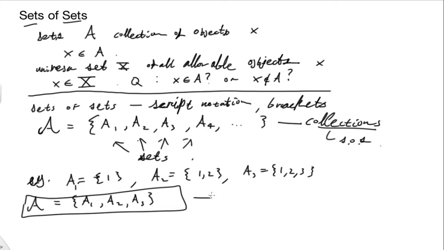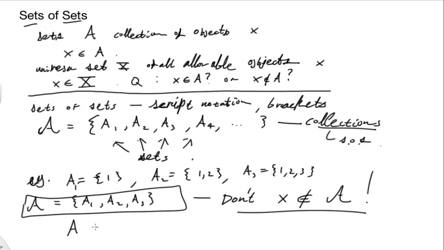One thing we cannot say, so don't do this. An object cannot be an element of a collection. Don't do that. Okay? The only objects that are allowed in a collection are sets.